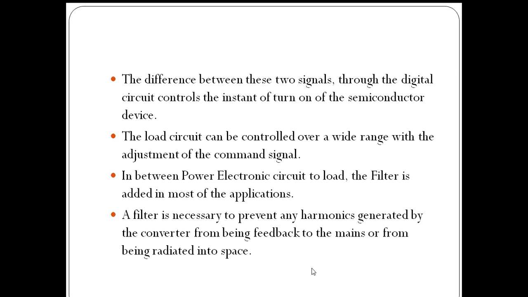For removing the harmonics generated while the circuit is in operation, we use a filter. The filter will prevent the harmonics generated by the converter, and any other harmonics coming from feedback are also removed in the filter.